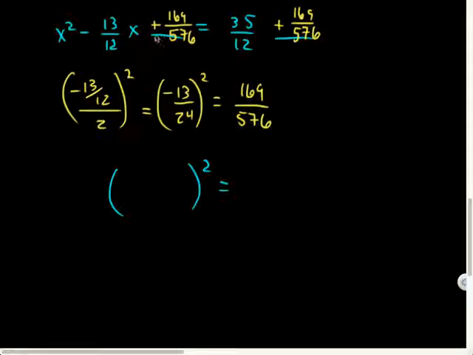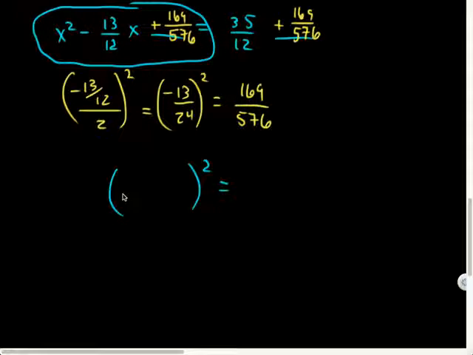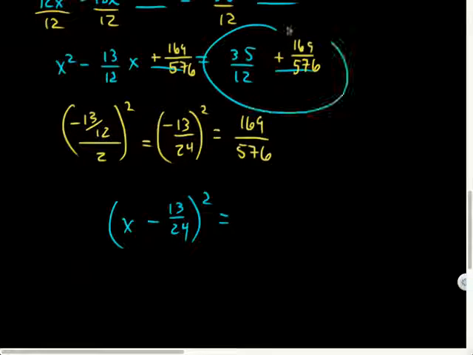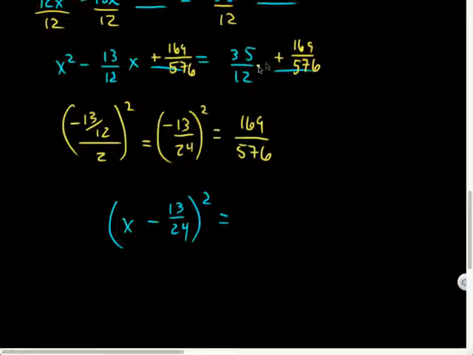So let's see, what all squared? You guys know how to factor this. It'd be x minus 13 over 24. Equals. Now, I've got to figure out how to add those fractions there. I think I have to multiply by 48/48.